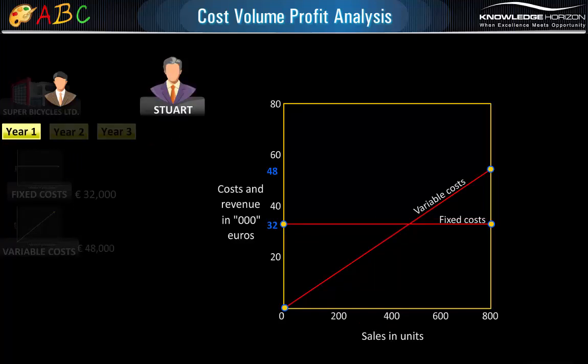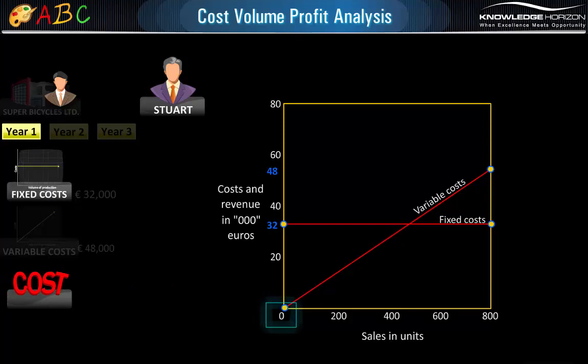Stuart now plots the total costs line. Even if the sales are 0, the fixed costs are still incurred, so the total costs consist of fixed costs only at 0 sales. Therefore, for 0 bicycles sold, the total costs are €32,000, so the total cost line starts from the point corresponding to the €32,000 on the vertical y-axis.